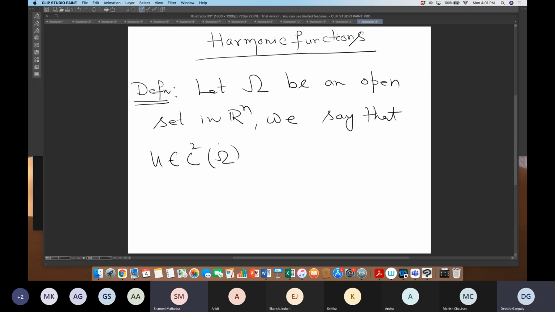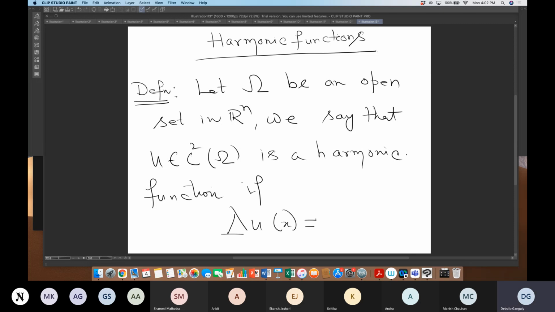Having continuous second order derivatives. Excellent. Yes, u, a C2 function, is a harmonic function if Laplacian u at each point x equal to 0 for all x in omega.